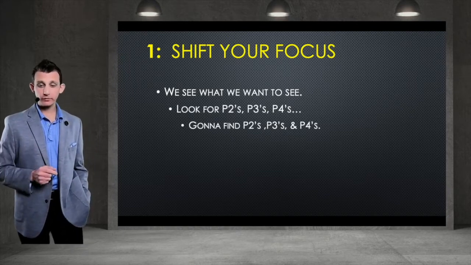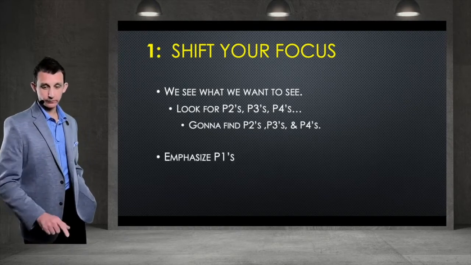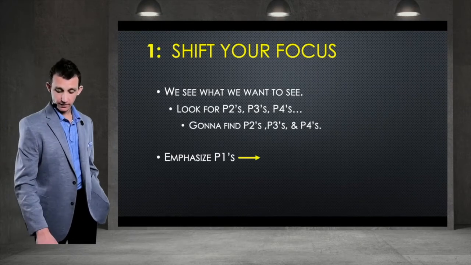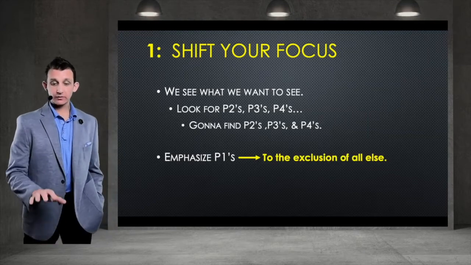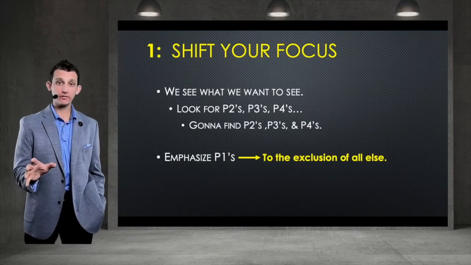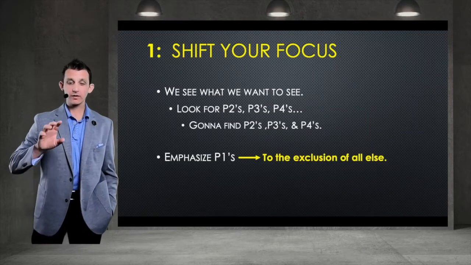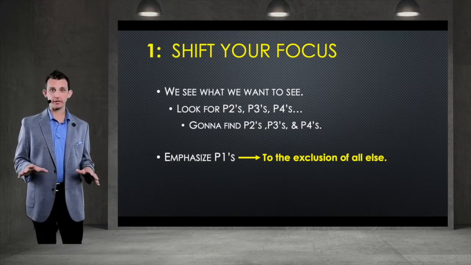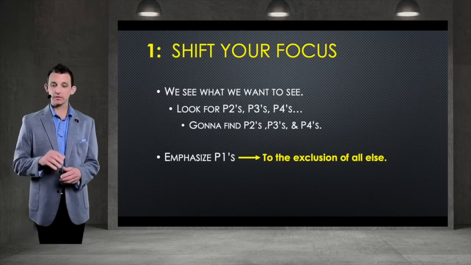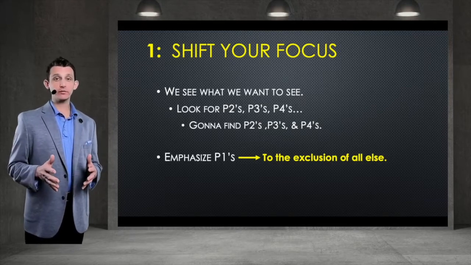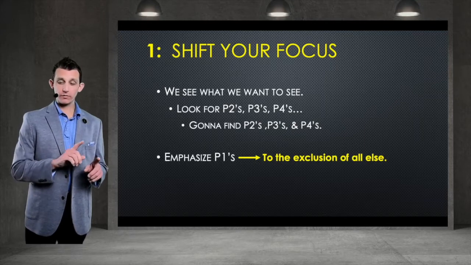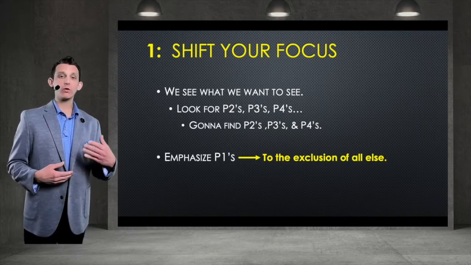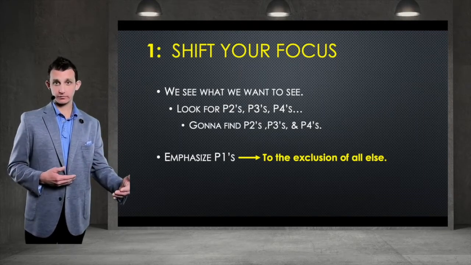If we look for P2s, 3s, and 4s, we're going to find P2s, 3s, and 4s. So we're going to emphasize P1s, and we're going to do that to the exclusion of everything else. Now, I'm sure a lot of people are like, hold up, dude, what are you talking about? Bear with me. I'm not saying we're not going to report P2s and P3s, but in this approach, we are going to learn the architecture of the system.